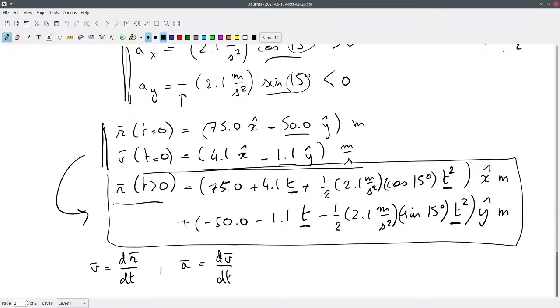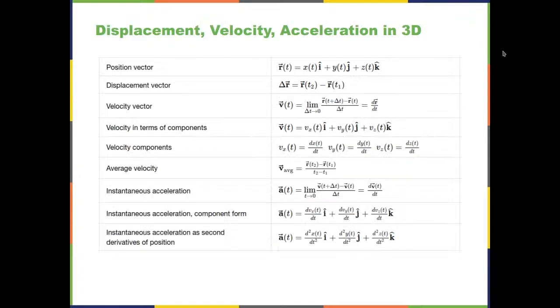So, let's do a recap because these are really the most important formulas in this chapter. We can calculate the positions x, y, and z independently.